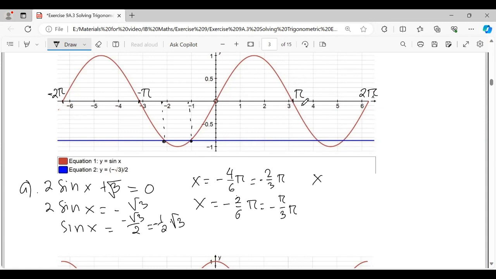Now this one is negative 2/3 pi plus 2 pi.